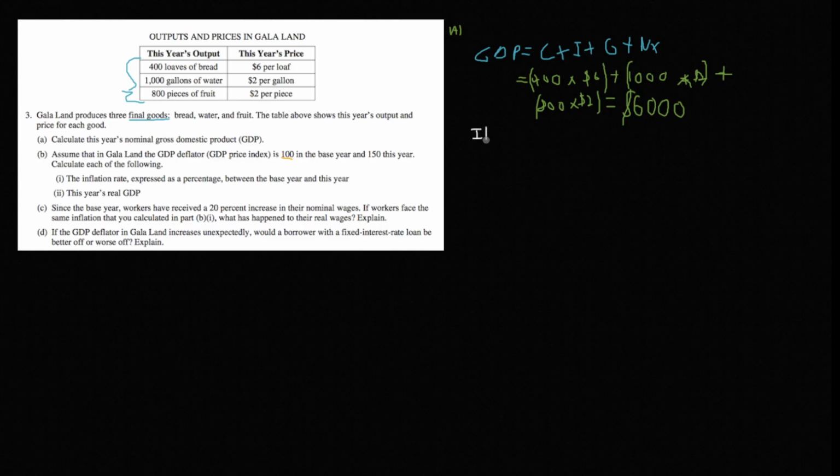So our inflation rate, IR, I'm lazy, so I'm not writing it out, is going to be this year's GDP deflator, current, minus the GDP old, over GDP old.